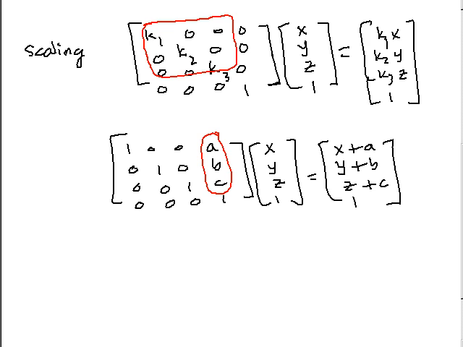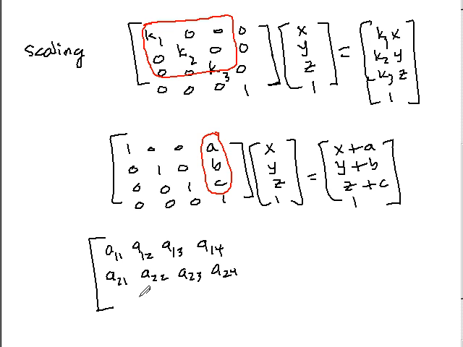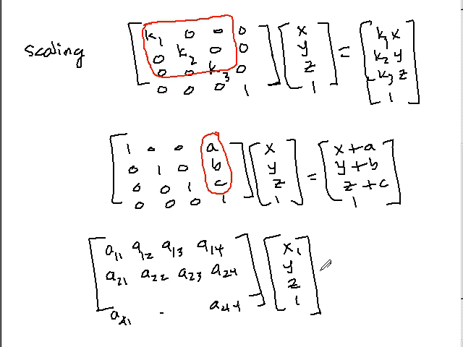Now, if I take any 4 by 4 matrix, where you have, say, A11, A12, A13, A14, etc., A23, A24, etc., all the way down to A41 to A44, X, Y, Z, 1.